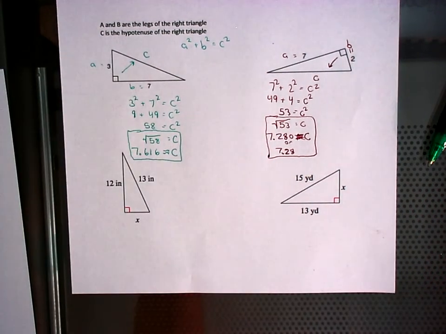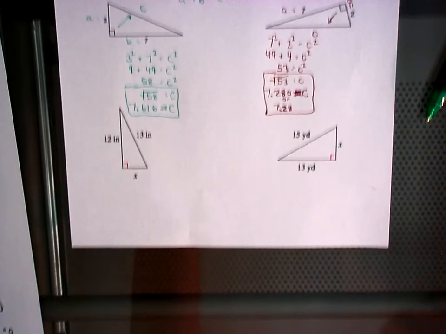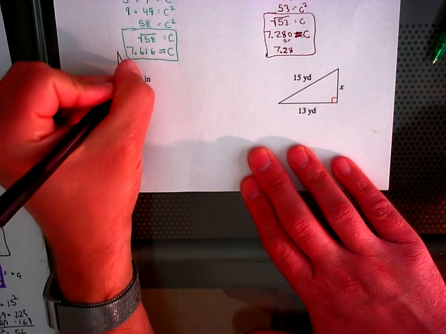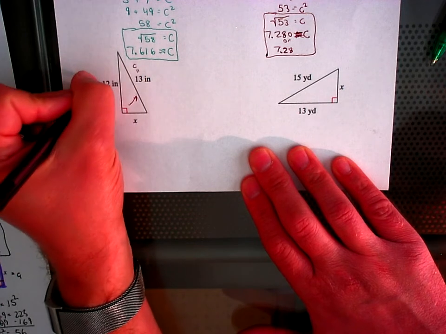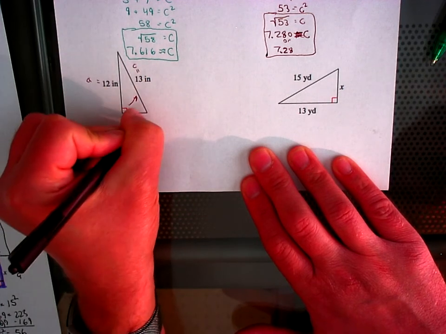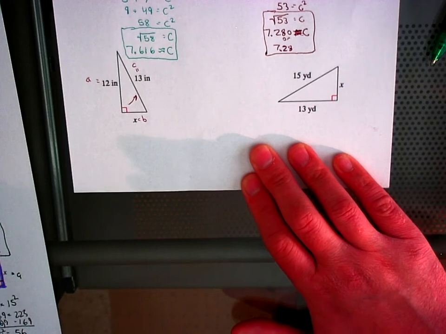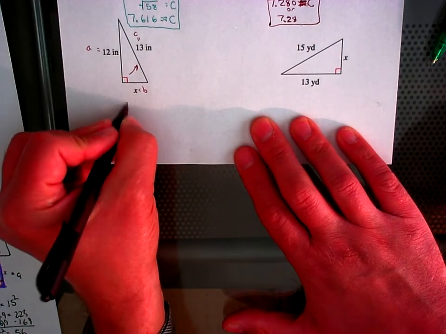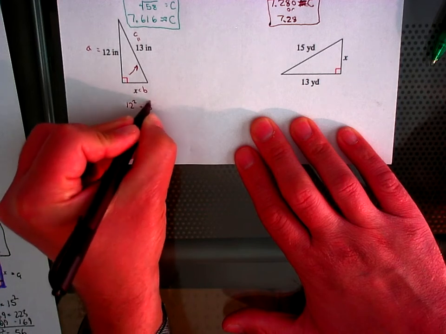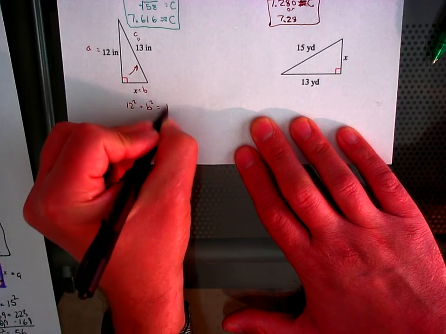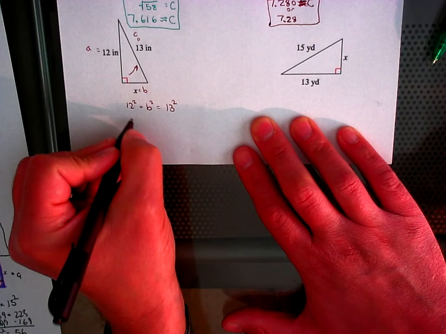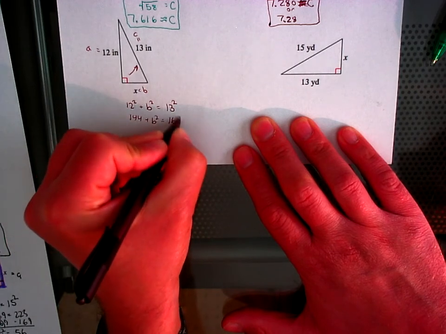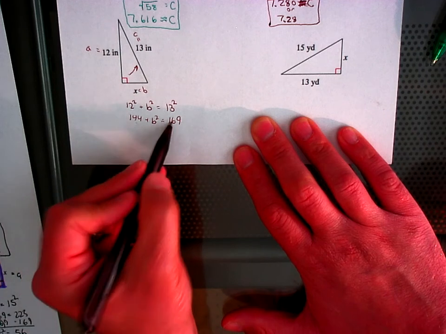Okay, let's look at the next two examples. In these two, if I look, oh, they gave me C. So I can say that's A, that one's B. So I'm going to go 12 squared plus B squared equals 13 squared. Well, that's 144 plus B squared equals 169. 12 times 12, 13 times 13.